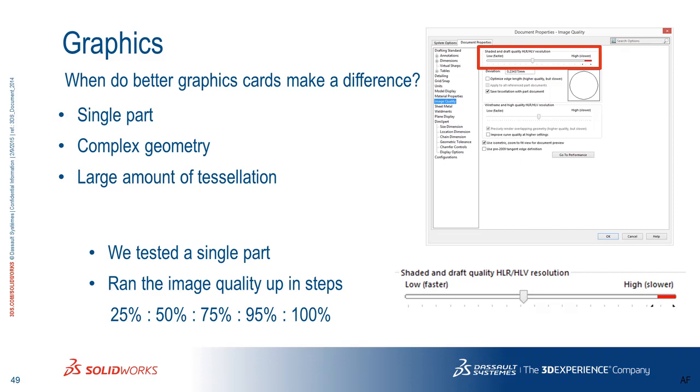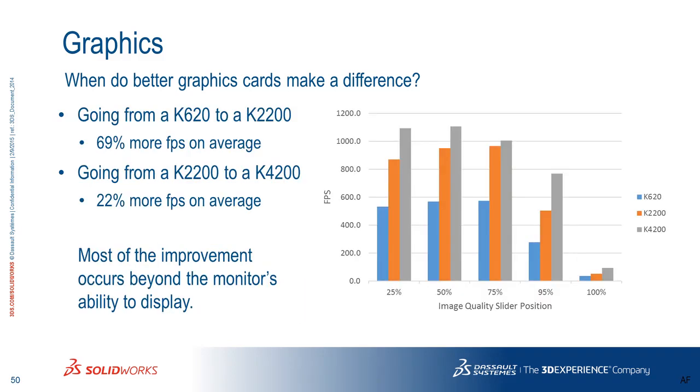When you get into this area near the red, and you can see as you approach the red, or when you're down here at the low image quality, look at that. The better graphics cards do make a difference. They spin more frames per second, okay?